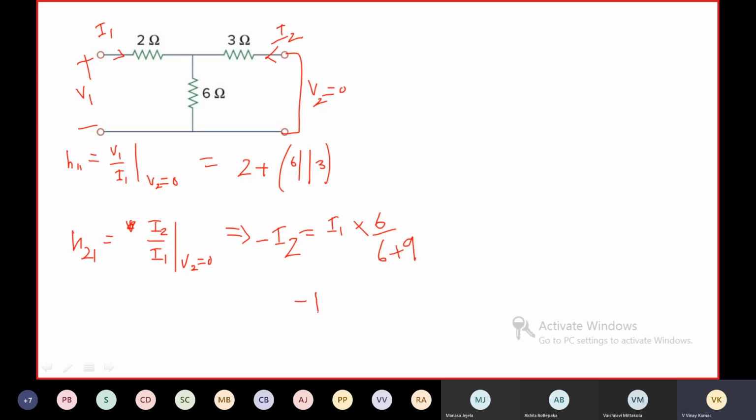Then H21, the ratio of I2 to I1, is equal to minus 6 by 15.